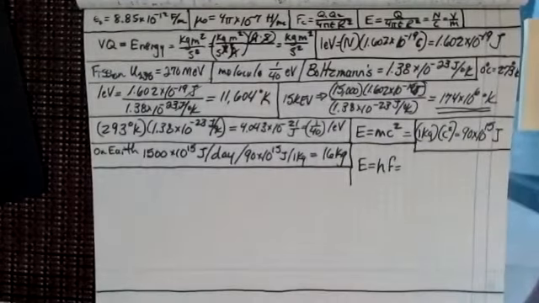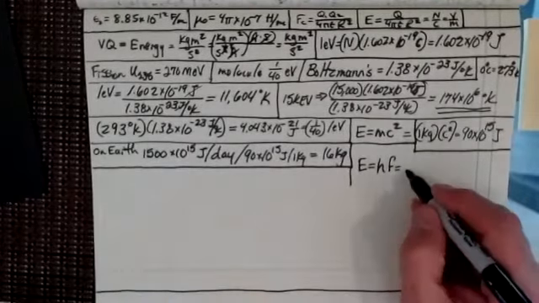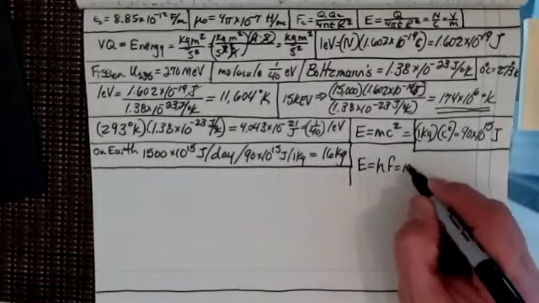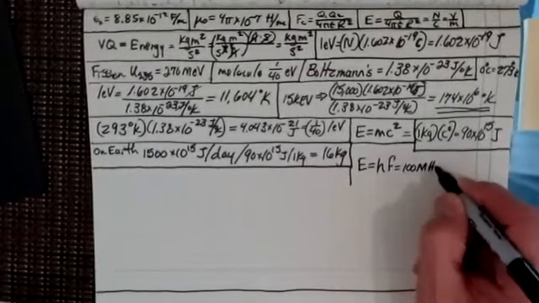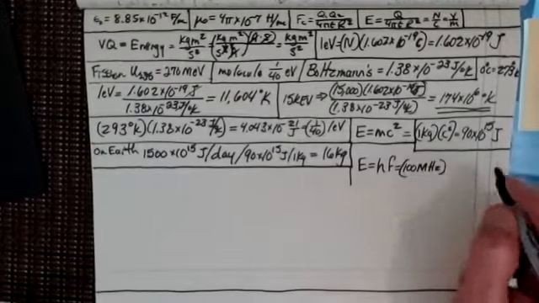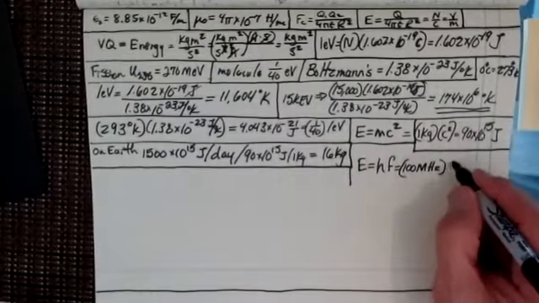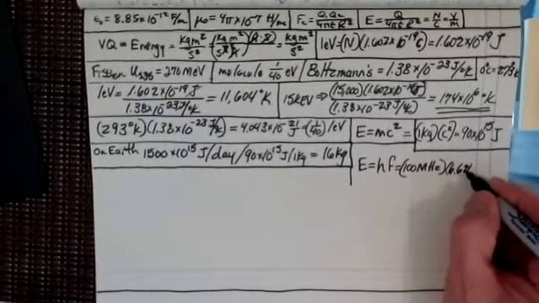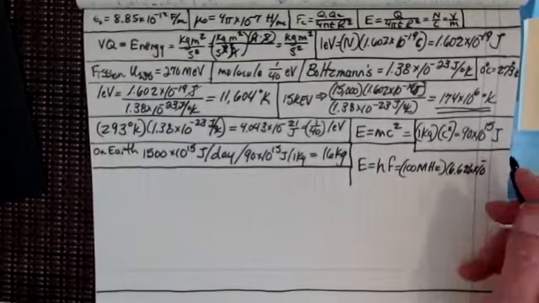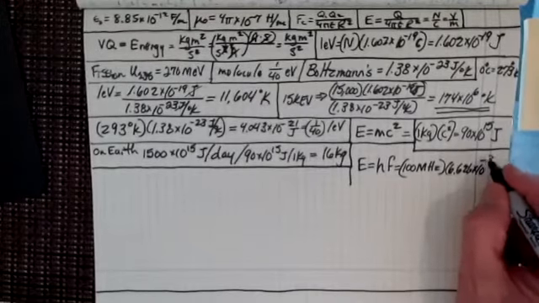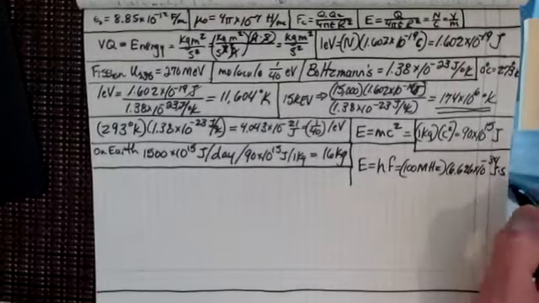Pick an electromagnetic wave. Let's say I want 100 megahertz on your FM dial. So I've got 100 megahertz times Planck's constant, which is 6.626 times 10 to the minus 34 joule seconds.